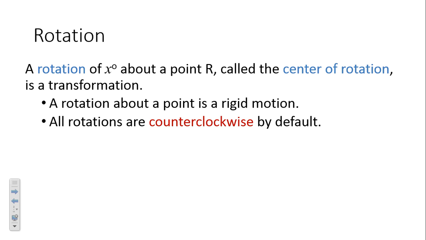Unless we tell you otherwise, every rotation that we're talking about is a counterclockwise rotation. Opposite the clock. Counterclockwise.